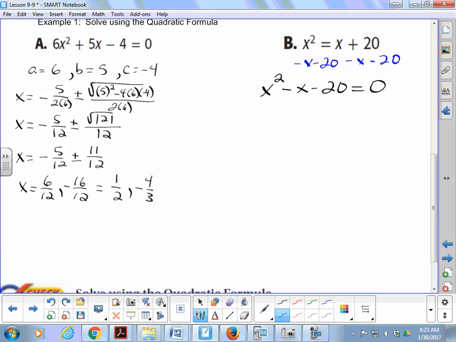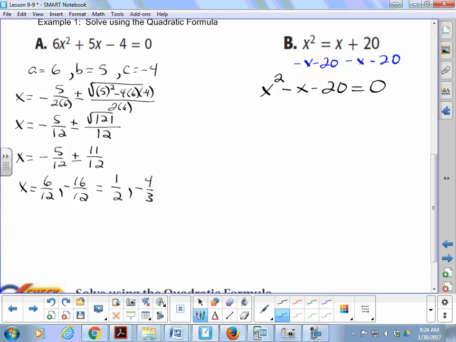Now, before you go any further with this, the first thing you should always look at, and this is me, is that I like to factor. And if I can factor, I will. I want you to look at this one right now, and because it can be factored, I want you to factor it first and write the factorization off to the side somewhere. You should already know what the answers are going to be before you start.